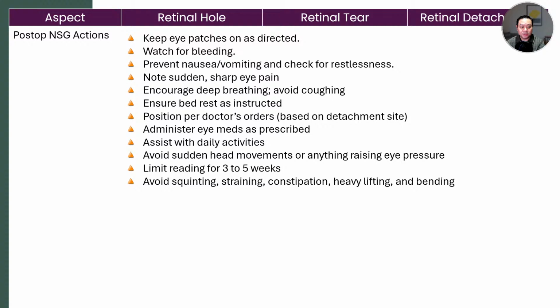We also need to teach our patient to avoid squinting, straining, constipation, heavy lifting. I've said that already, bending. We also instruct the patient to wear dark glasses during the day and an eye patch at night.